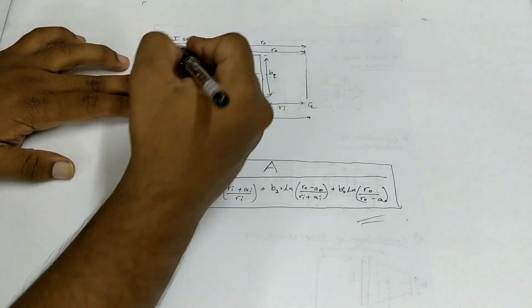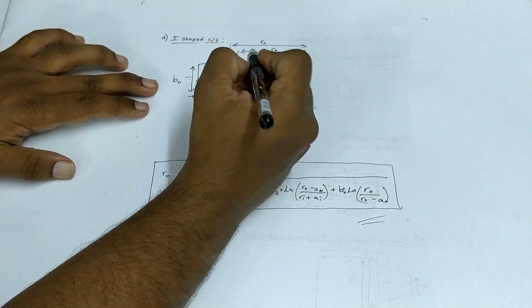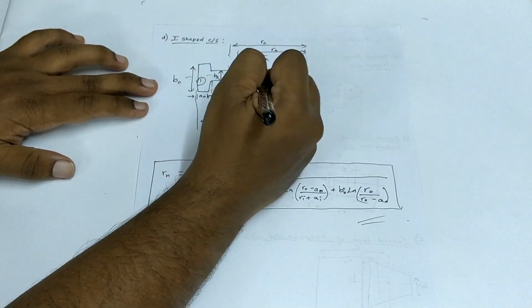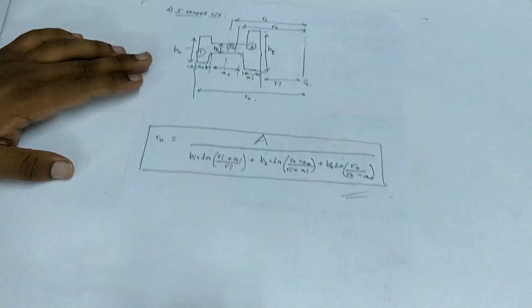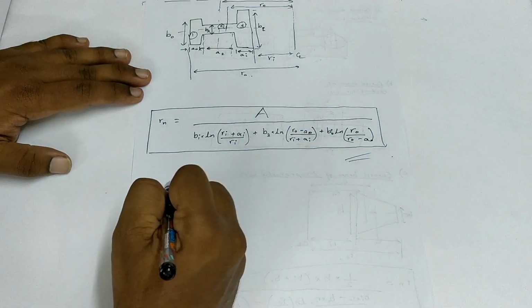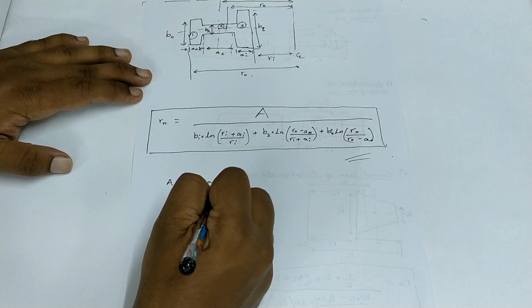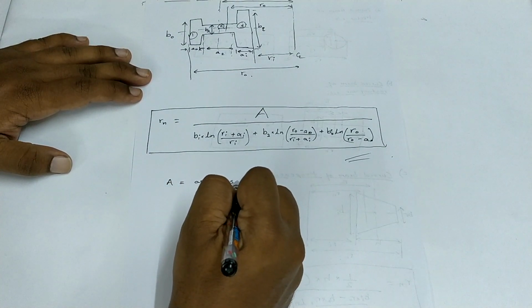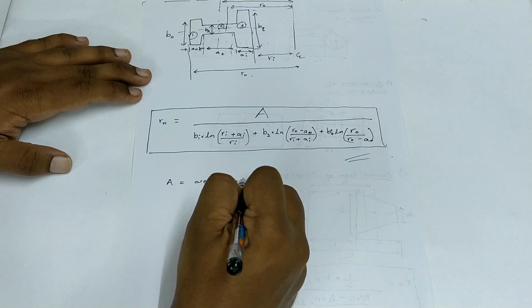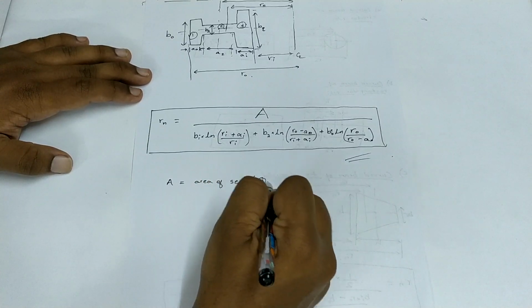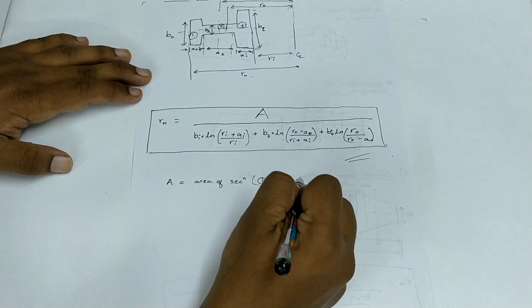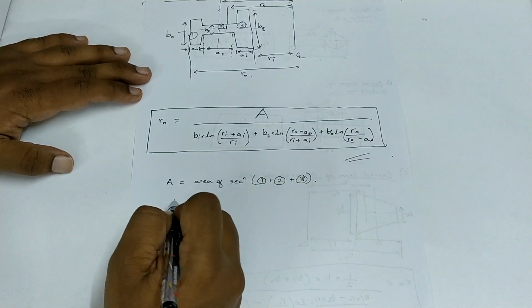At this point you may be wondering what the value of A, or the area, is. Finding the area of the I-shaped cross section is pretty simple. First we denote the different sections as 1, 2 and 3, and we can see that all three are rectangles.